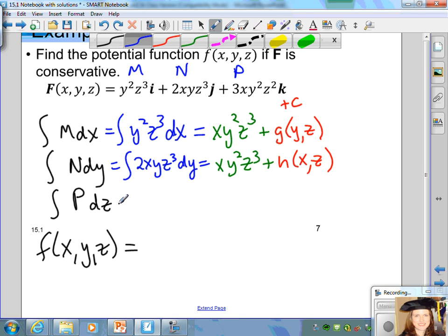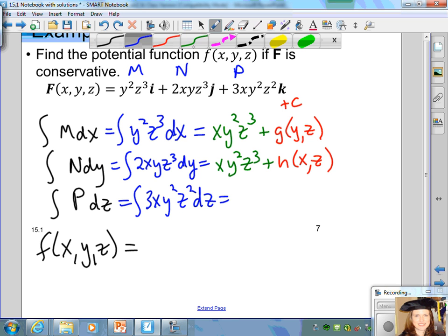Now our antiderivative of P dz would be the antiderivative of 3xy squared z squared dz. Treating z as a variable and x and y as constants, you add 1 to the power of z to get z to the third and divide by that new power 3.